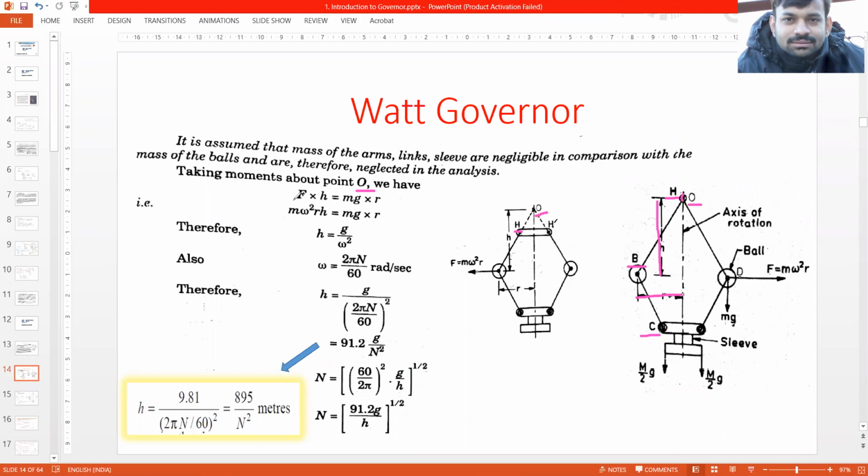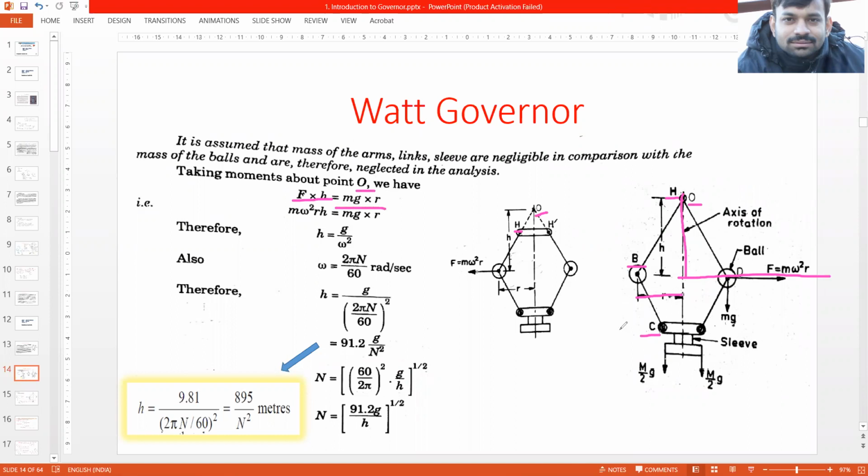It says F into h. This is F, and this is the line of action of F. How far is it from point O? It is at a distance h. So force multiplied by perpendicular distance gives F into h. And then mg multiplied by r.